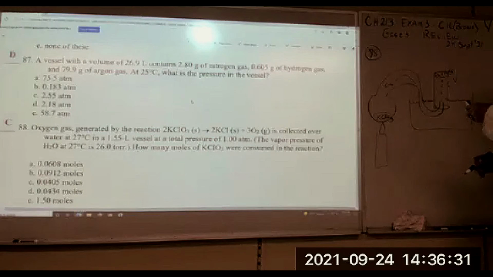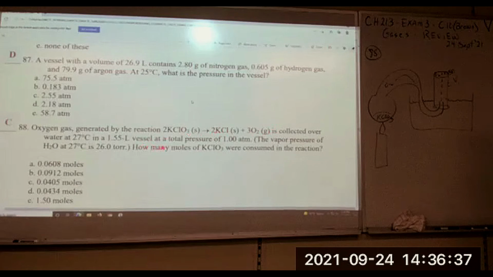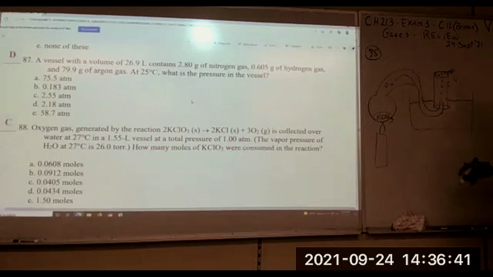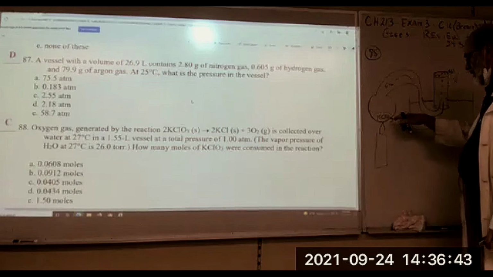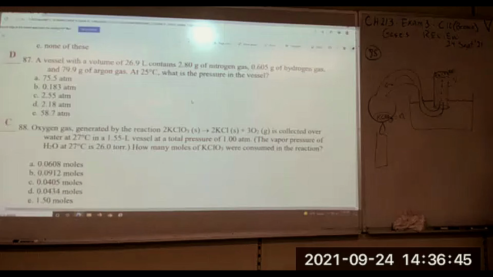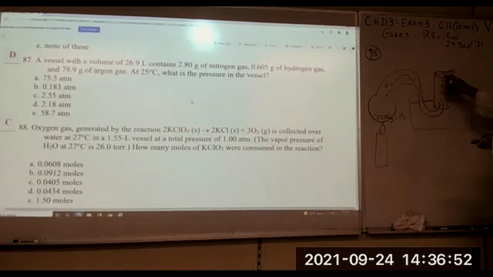So what's the question here? How many moles of KClO3 were consumed in the reaction? So we want to know moles of that, right? We've got the stoichiometry. We just need to know how many moles of oxygen are in here.